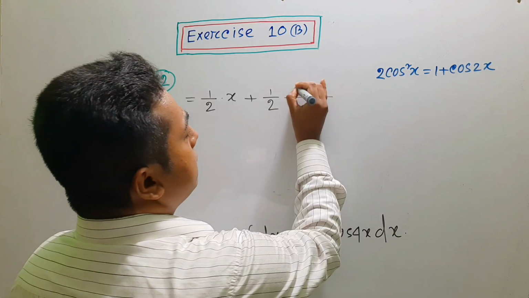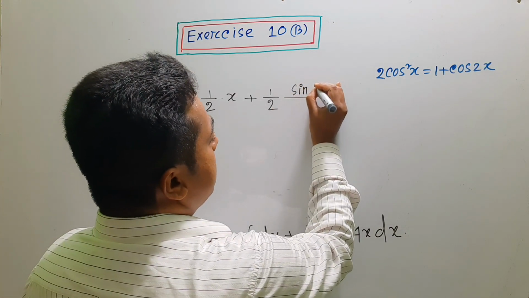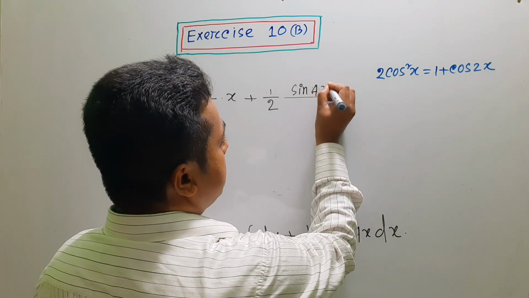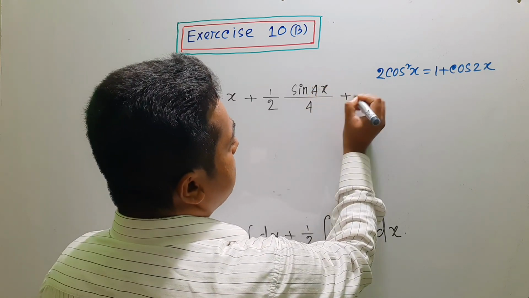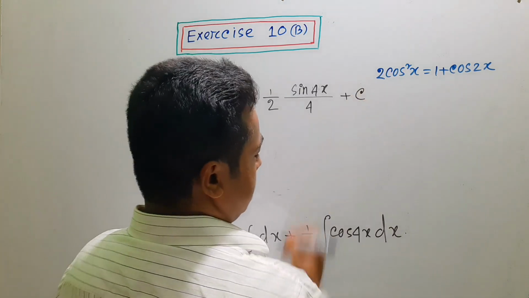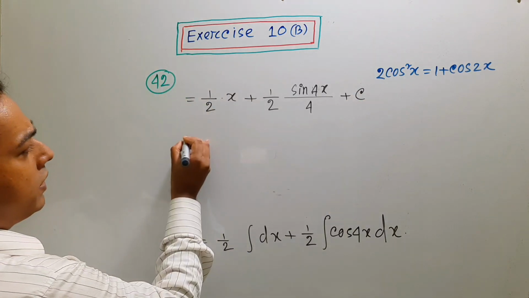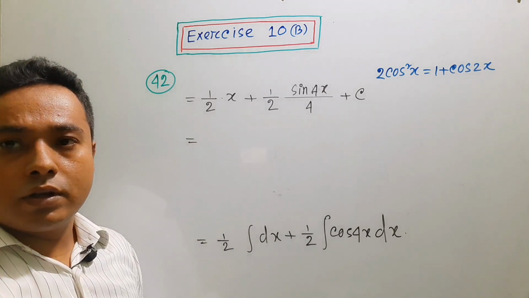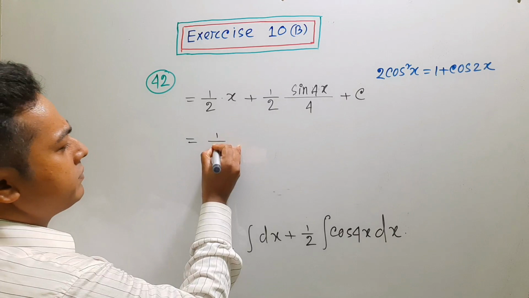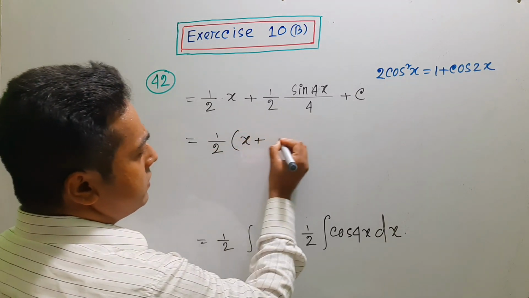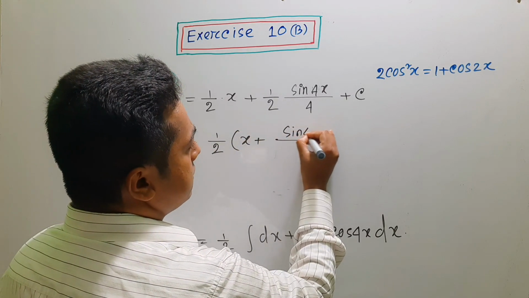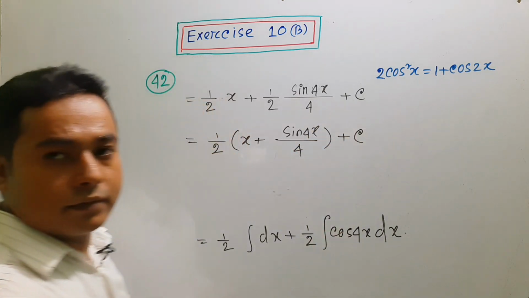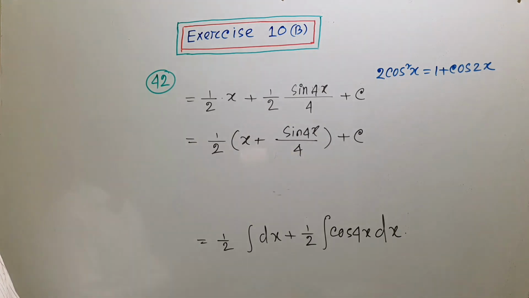So sin mx here is 4x divided by 4 plus c, and taking half as a common from both terms, we can write it x plus sin 4x divided by 4 plus c, and this is the answer for this math.